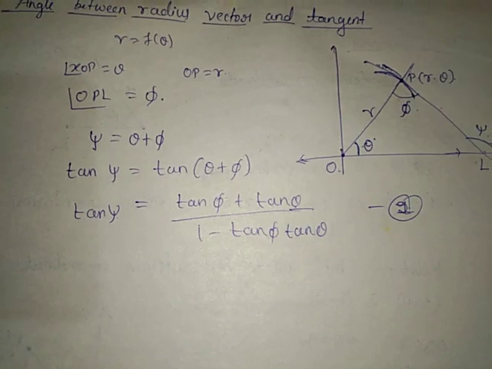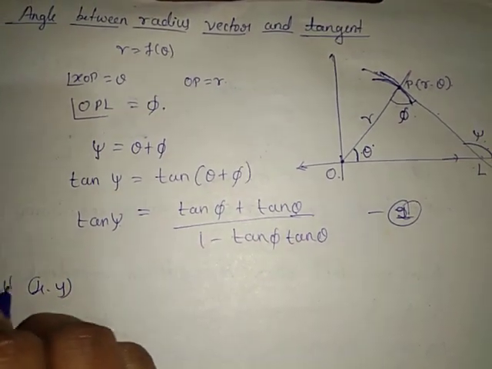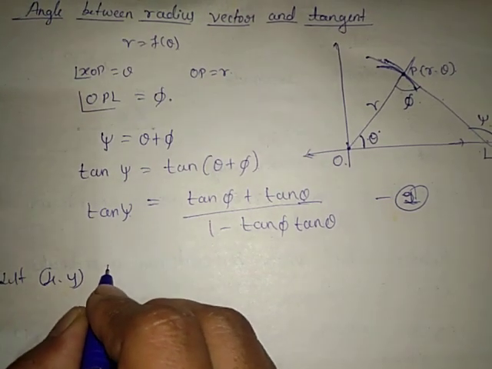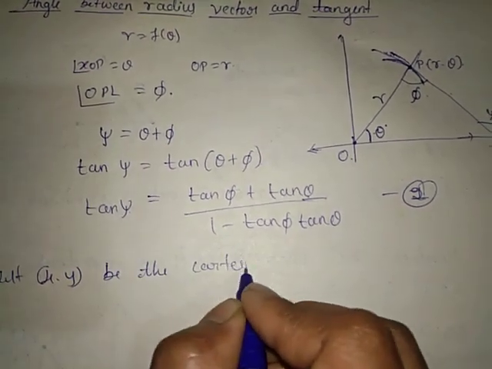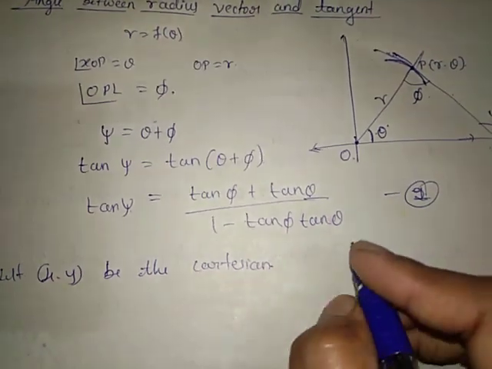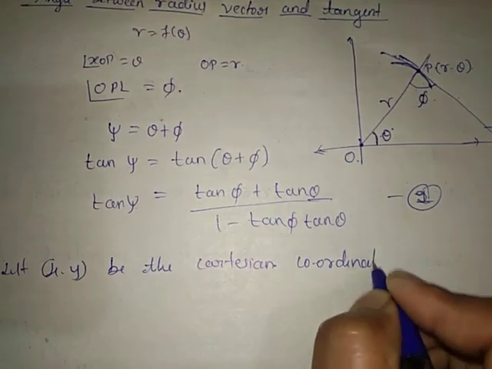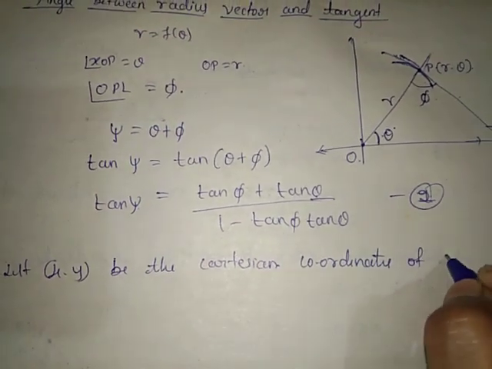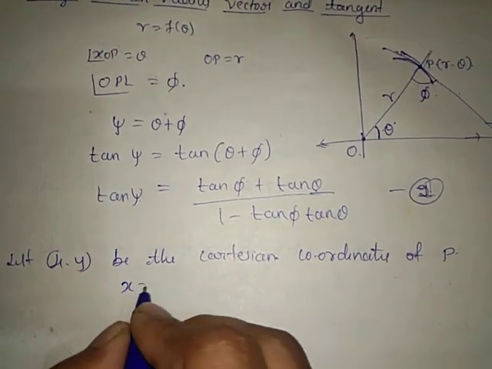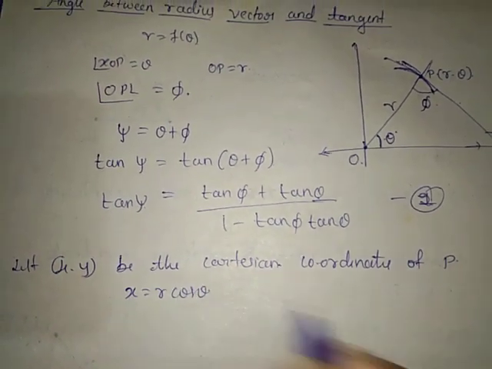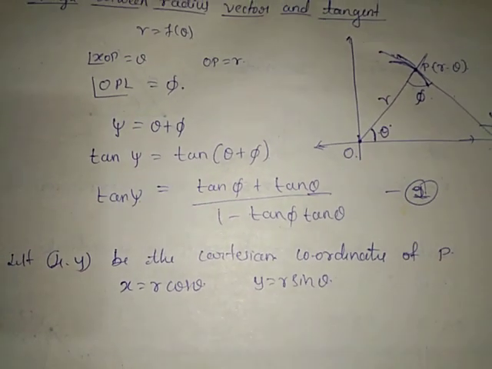Let x comma y be the Cartesian coordinates of P. So we have the relation x equal to r cos theta, y equal to r sin theta.